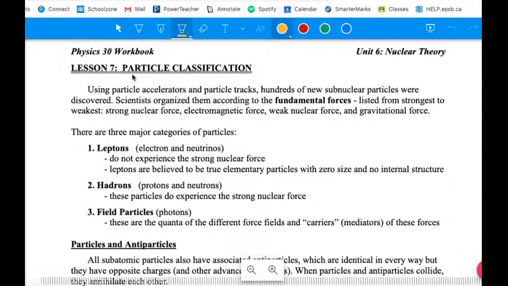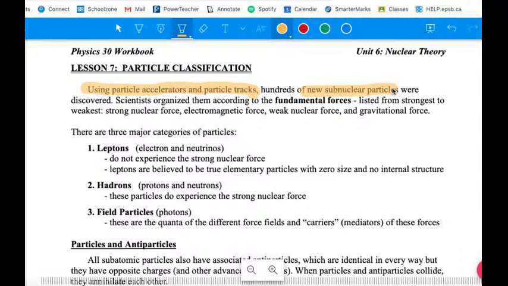So we looked at particle accelerators and particle tracks and how those are made and used by scientists. And one of the most important uses that they have is this discovery of new subnuclear particles.